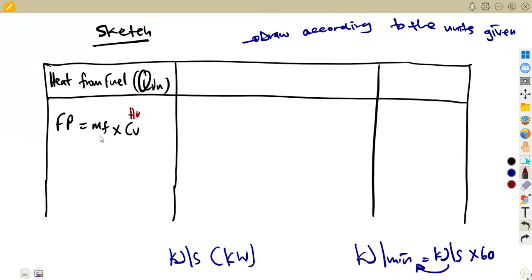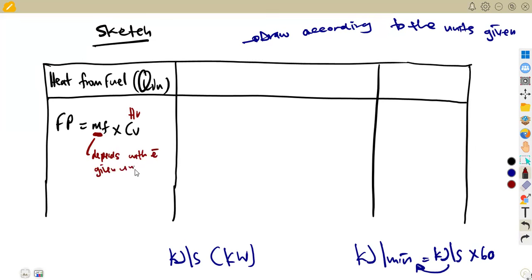This is the one that changes our units. If it is kilojoules per second or kilojoules per minute, it means our mass is the mass of fuel per the unit that we're given.